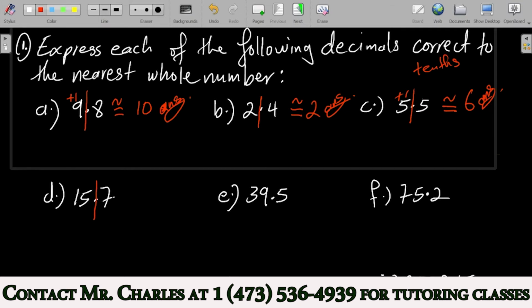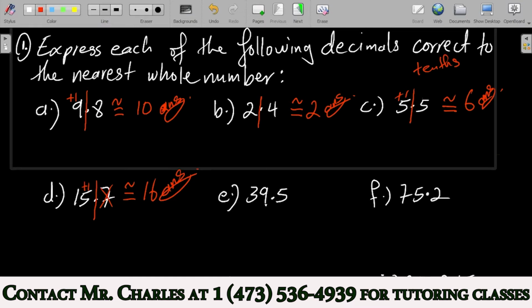And the 7 is greater than 5, so we have to add 1 to the 5 in the ones place, and we drop the 7 here. So our answer would be approximately equal to 16, because 5 plus 1 is 6, so 15 plus 1 is 16. That's our answer there.